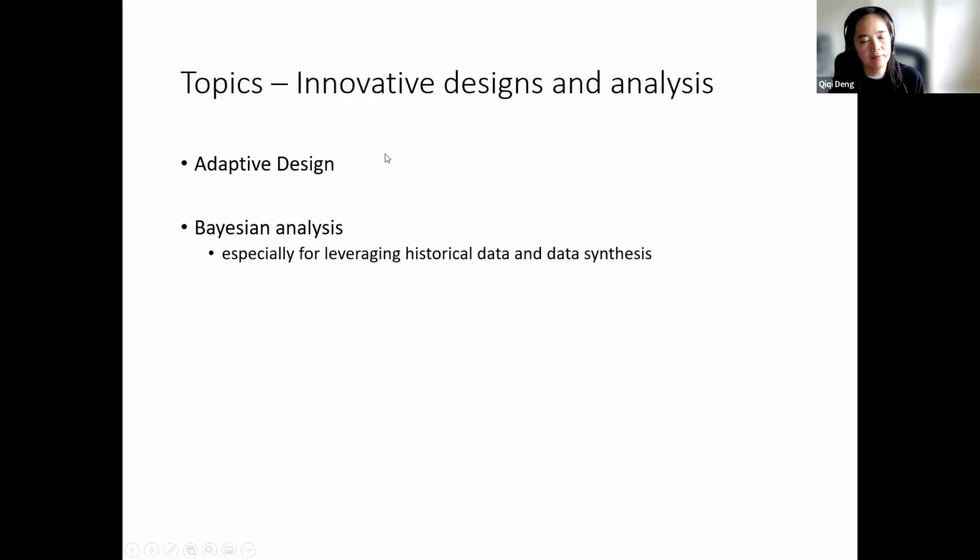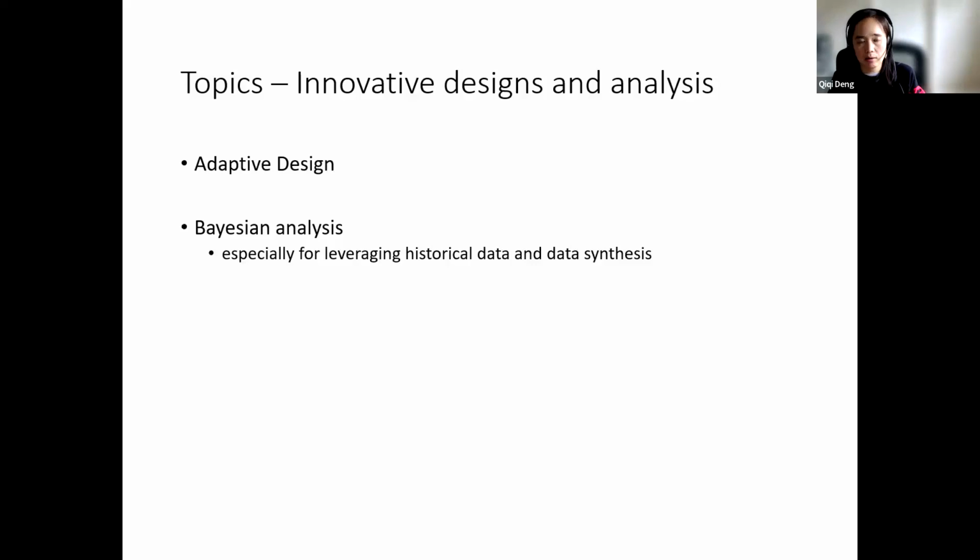Okay, and then finally, there are also two big topics nowadays in terms of innovations in design. One is called adaptive design, which means that you're adaptively monitoring what happened within a study and then change your action about the study along the way. And you have to do that in a pre-specified manner, in terms of all the adaptation rules needing to be pre-specified.